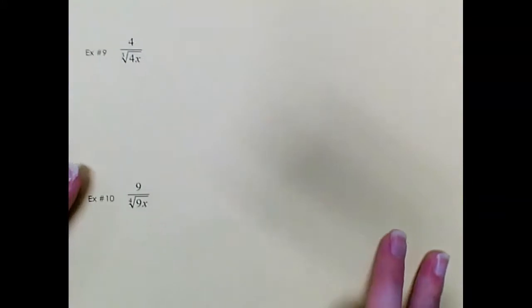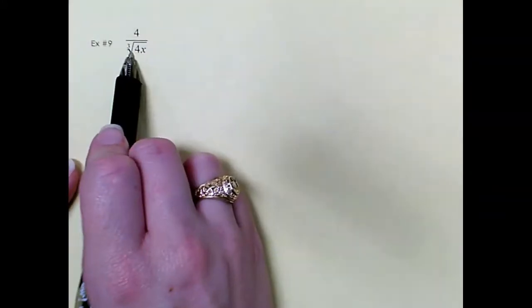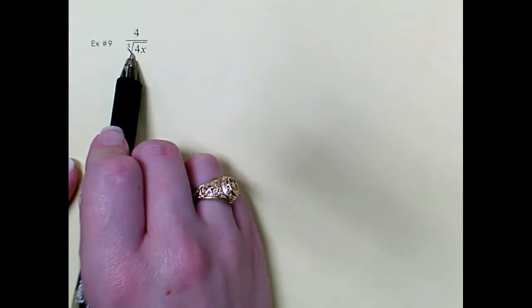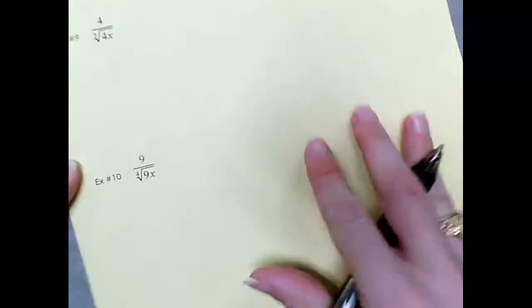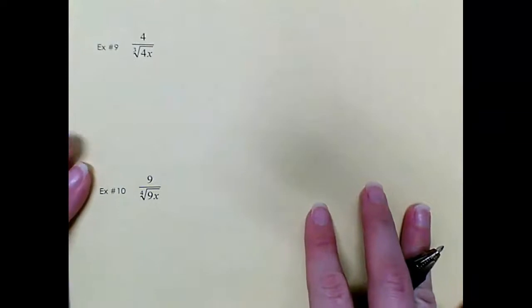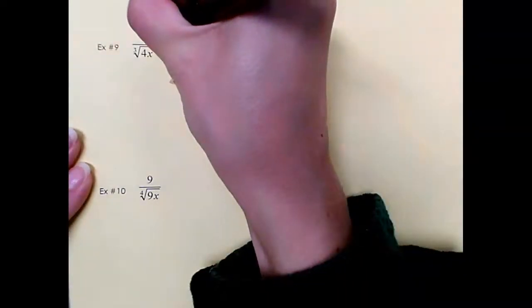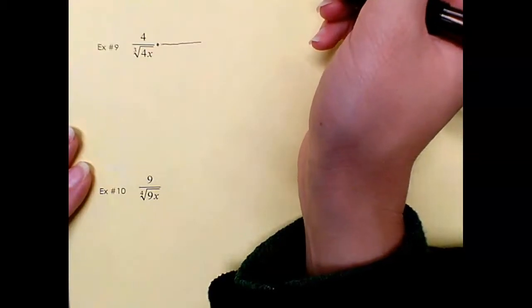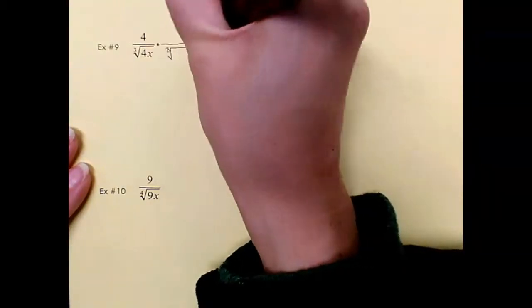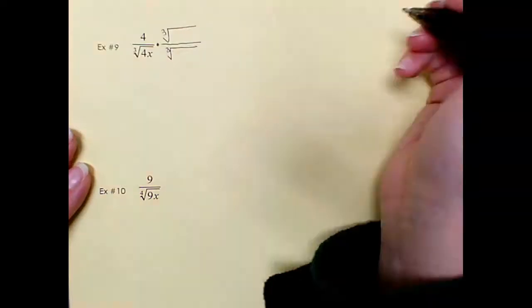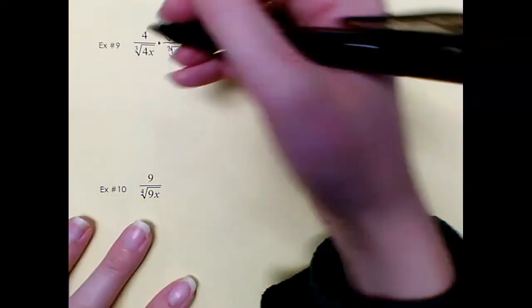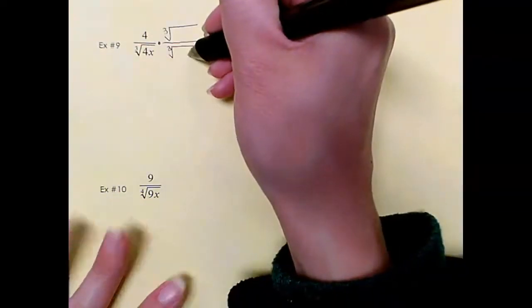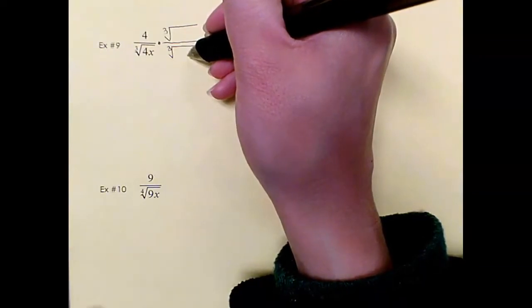Okay. Let's look at number 9. Number 9 can't have a radical in the denominator. So we need to multiply. Whoops. Sorry about that. We need to multiply by something that will create a perfect root. So I need to multiply by the cube root of something, but not 4x, because 4x times 4x, if I multiply that together, it'd be a perfect square, but not a perfect cube.